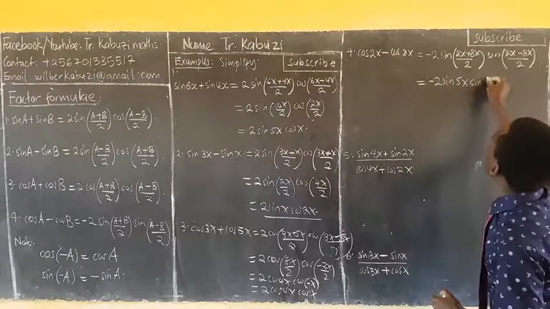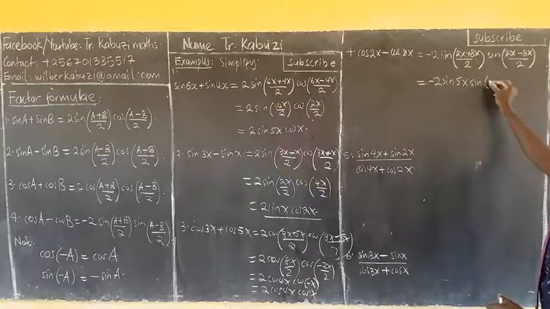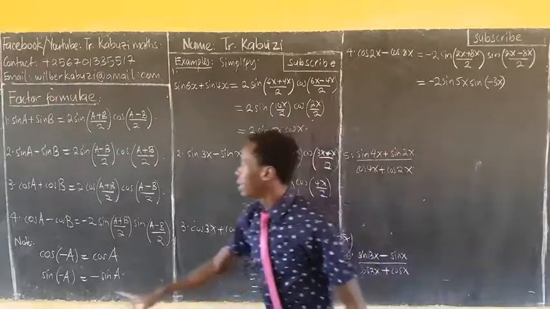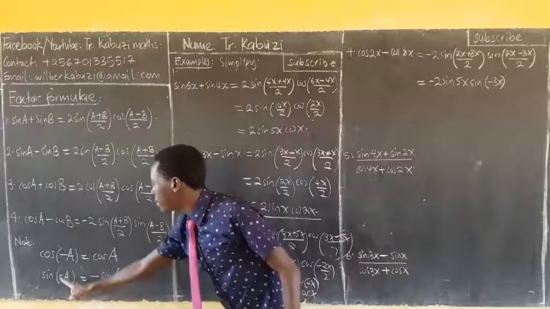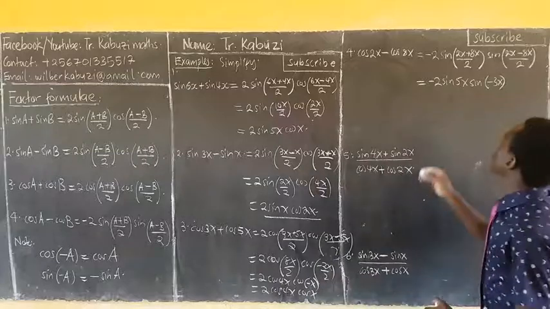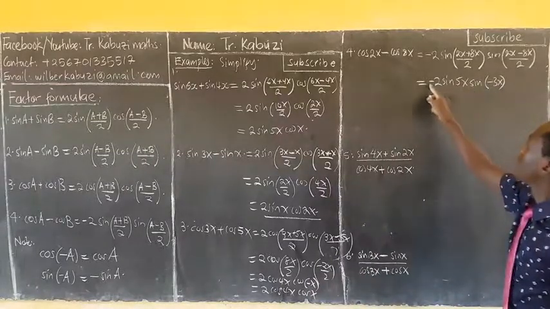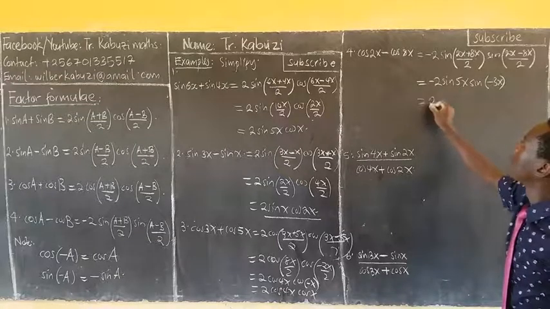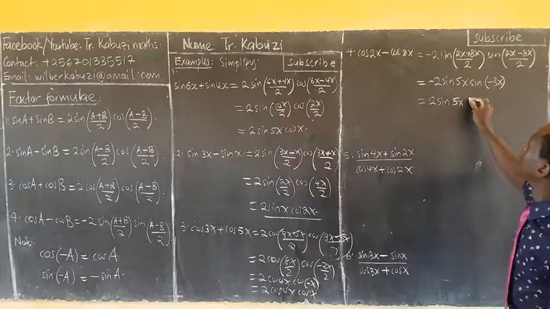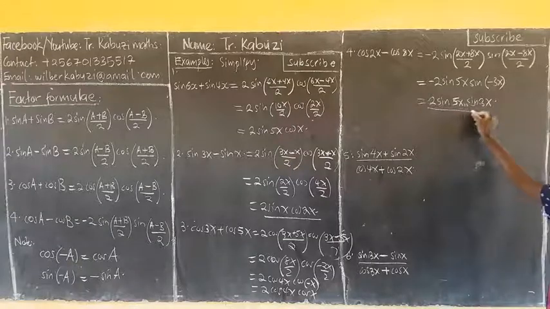Then 2 minus 8 gives negative 6, divided by 2, that's negative 3x. Sine of a negative is the negative of sine, so we pull out this negative and the remaining becomes positive. This negative multiplies with the other negative, so we shall be adding: 2 sine 5x sine 3x. That's how we simplify that.